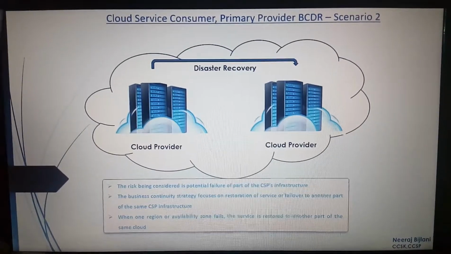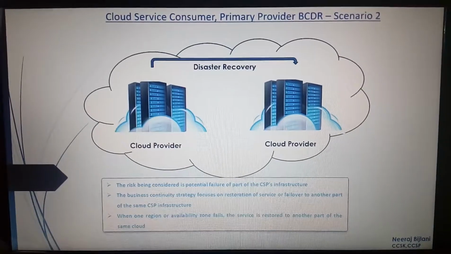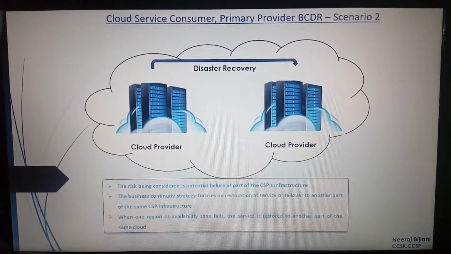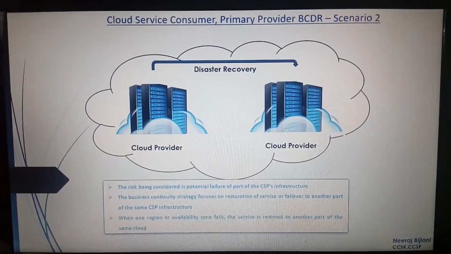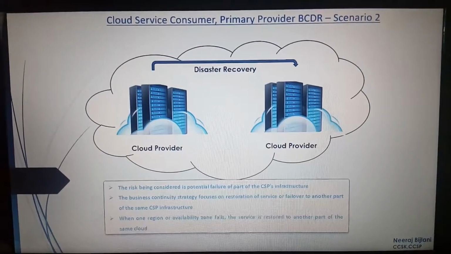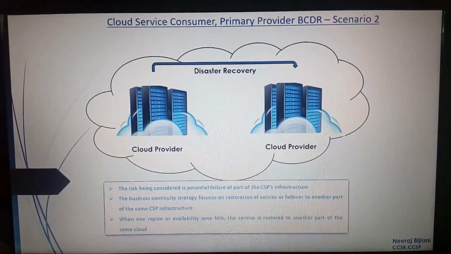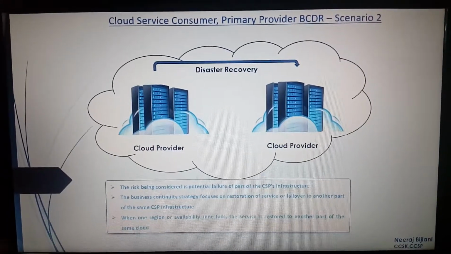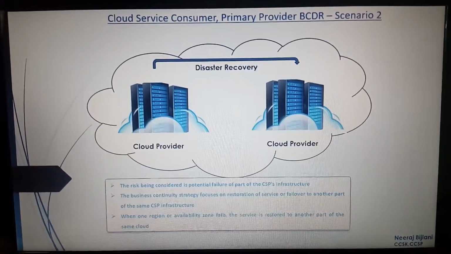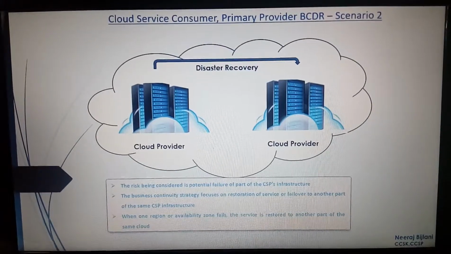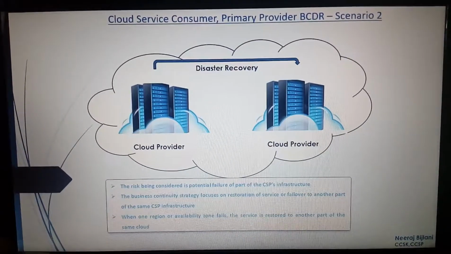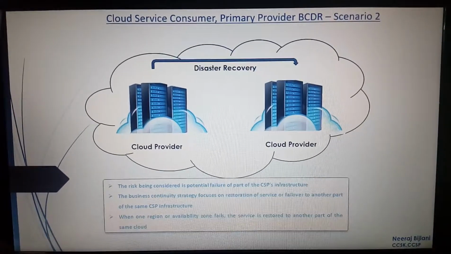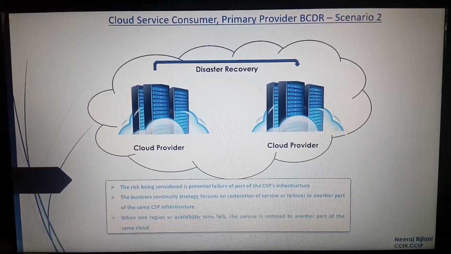Availability zones are certain sets of segments where the customer has a primary setup and a secondary setup. So if a disaster happens in one region, customers or users can connect to another region or availability zone to run the business as usual.